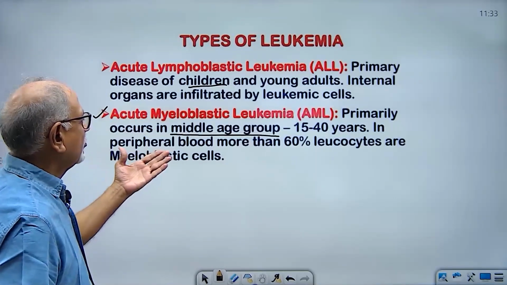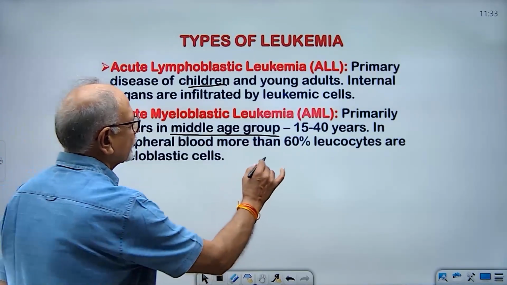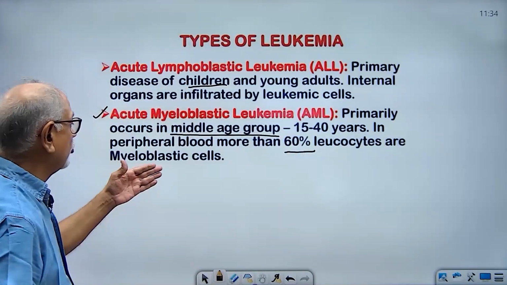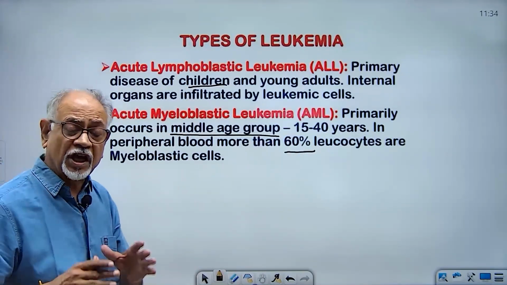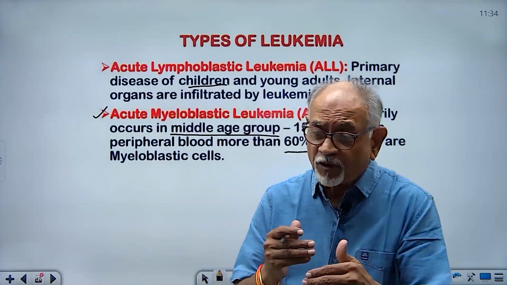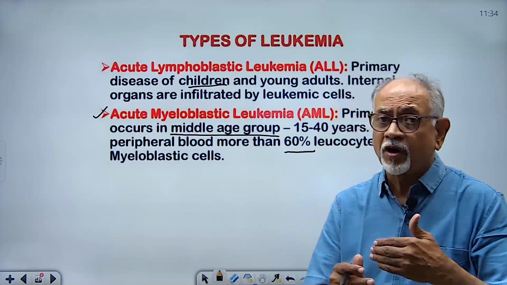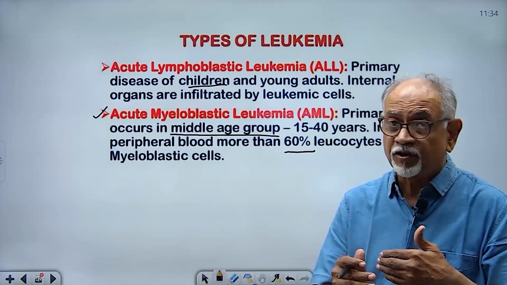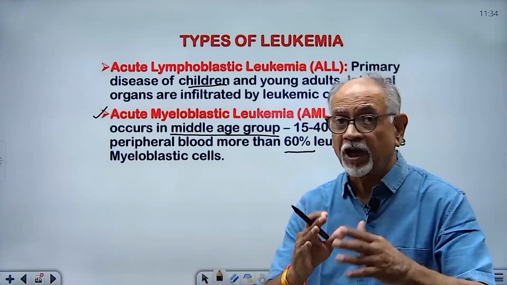In peripheral blood, more than 60% of leukocytes are in the myeloblastic stage. That means the bone marrow is forming more and more stem cells, or the mother cells responsible for forming leukocytes.